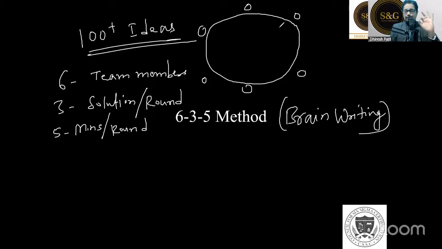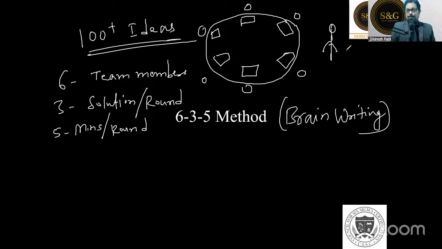Now everybody would have a solution sheet in their hand on the table. So there are 6 sheets, and let's say you are the facilitator with a stopwatch in your hand.